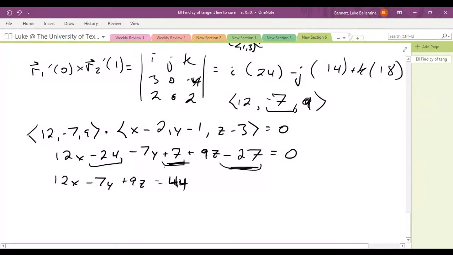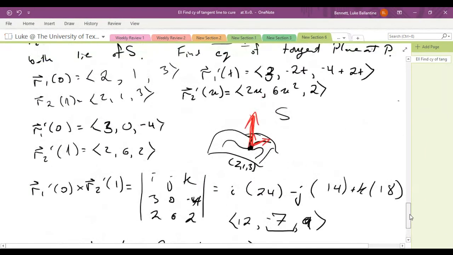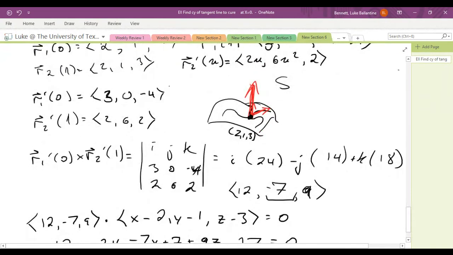Okay. I guess while we're at it, we have a parameterization, don't we? Because these two vectors lie on the plane, they're linearly independent. And then we have a point, so we have a parameterization.